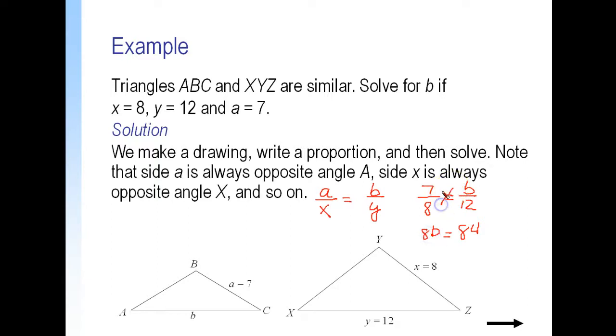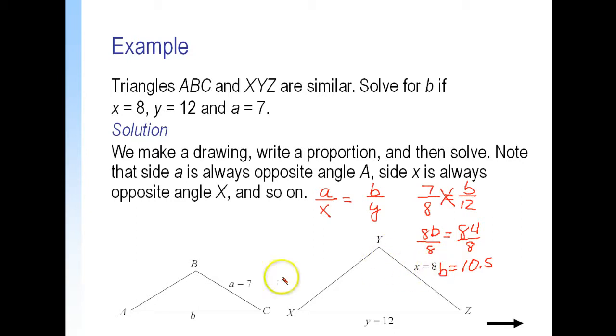We're just cross multiplying. Now we're going to divide by 8. And we get B equals 10.5, I believe. 8 goes into 80 10 times, 4 left over, 10.5.